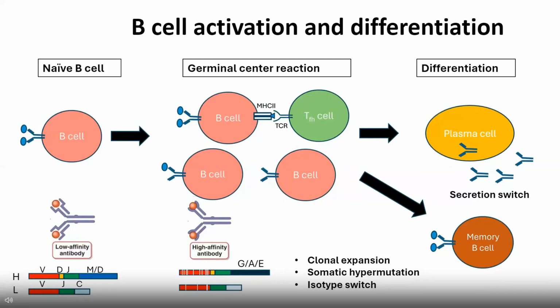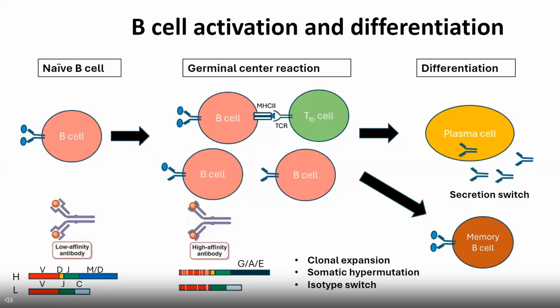This T follicular helper cell is critical, as it further activates the B-cell and leads to a germinal center reaction. The B-cells expressing this antibody are expanded, and they also undergo an isotype switch from initially IgM and IgD to IgG, IgA, IgE, etc. There is also somatic mutation in the VDJ region, which leads to increased antibody affinity.